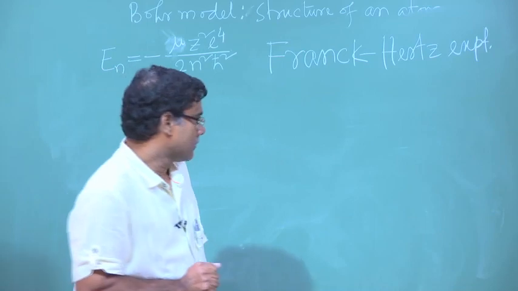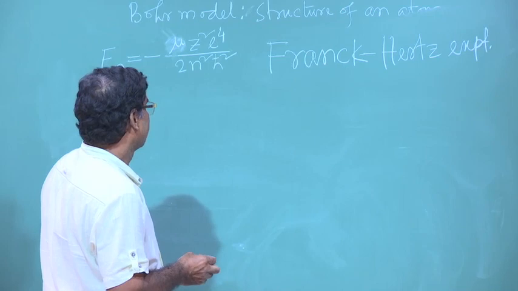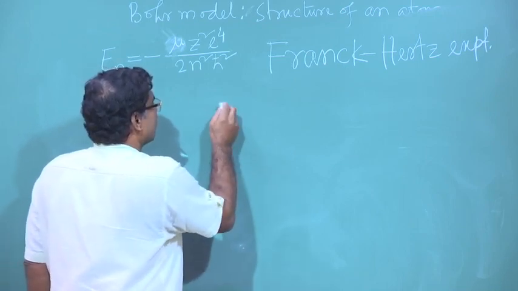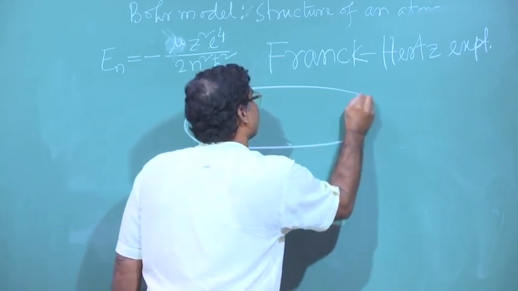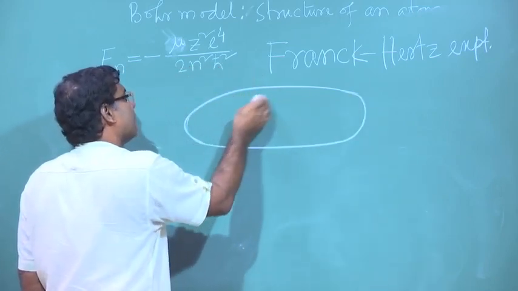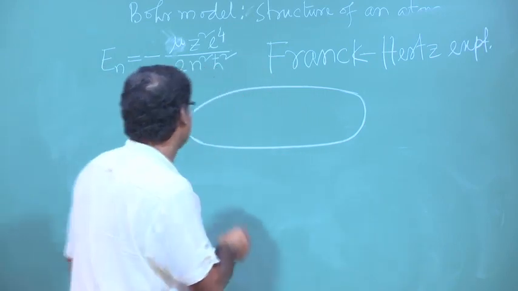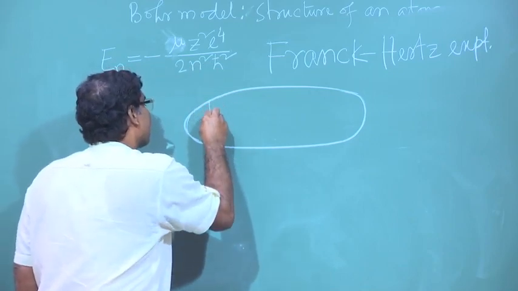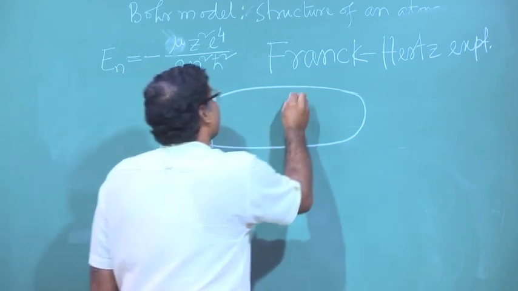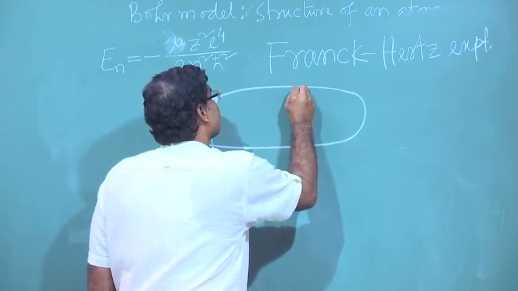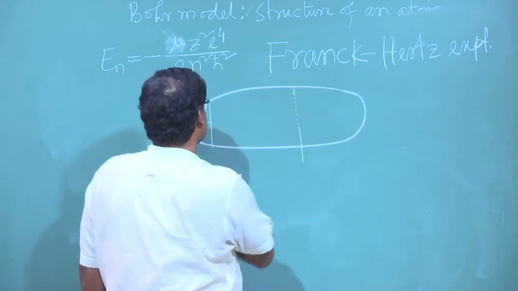Okay. So, one experiment was designed by Franck and Hertz. What was that experiment? There was a tube, evacuated and kept at low pressure. There is a cathode, and there is an anode, which has some holes perforated in it.